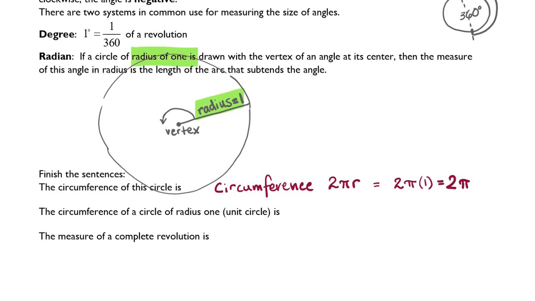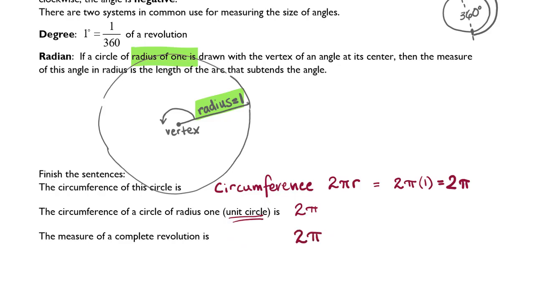The circumference of a circle of radius 1, a unit circle, any unit circle, is just 2 pi. And the measure of a complete revolution, again, 2 pi.